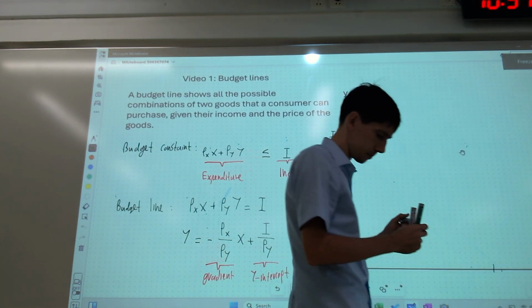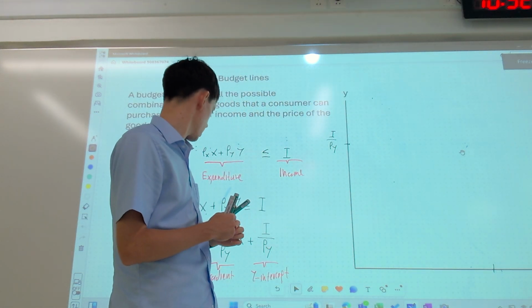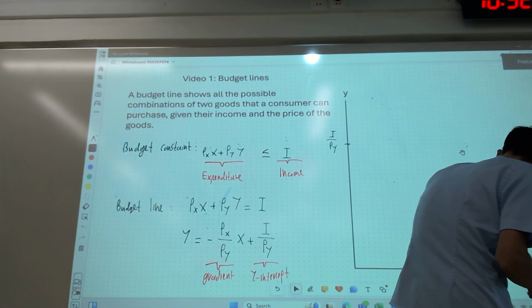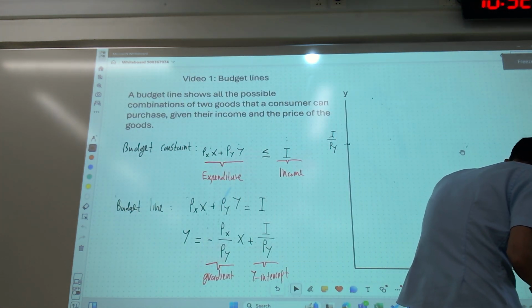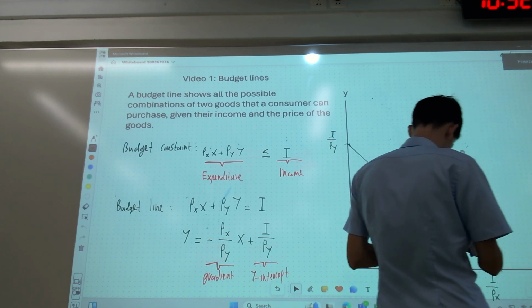So if you think about it, if we set y equal to 0, then clearly the most that we will be able to consume of x is our income divided by the price of x. The line is a straight line like this.